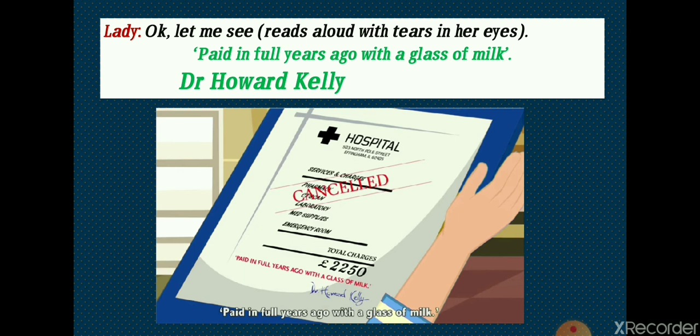So, in the last scene of the play, the huge bill of that lady was paid by that boy to whom she gave milk years ago. At that time, she was not aware that one day the child will be a doctor and one day that doctor will treat her. This is the reward of the good deed. I hope you have understood the complete play.